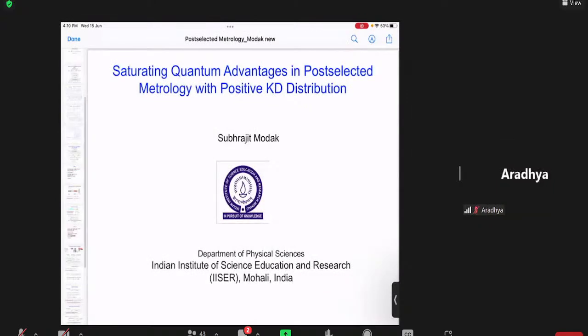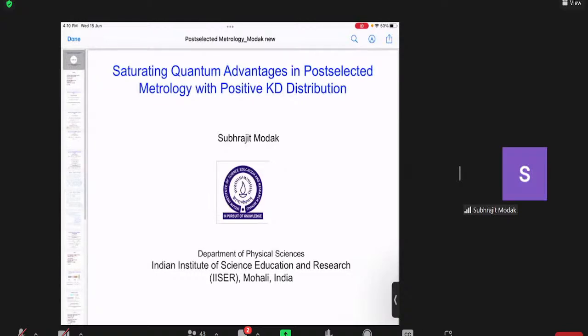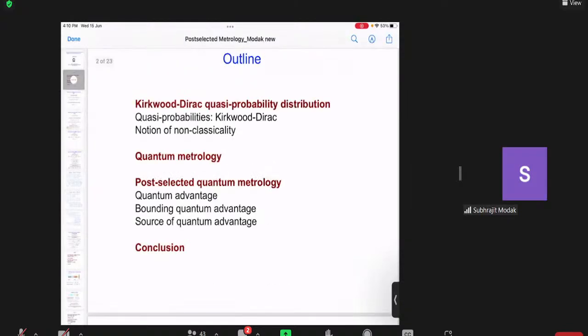So this is the tentative outline of my talk. I will first describe what the Kirkwood-Dirac quasi-probability distribution is and how to define the notion of non-classicality via this quasi-probability distribution. Then I will introduce a little bit about quantum metrology and describe more about post-selected quantum metrology, what the possible quantum advantages are in this kind of setup, how to bound such quantum advantages, and what the possible sources of such advantages are.